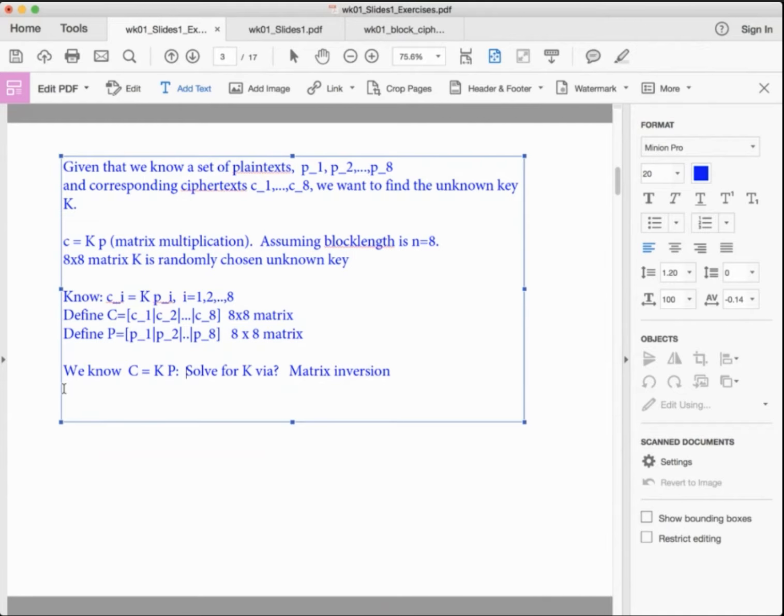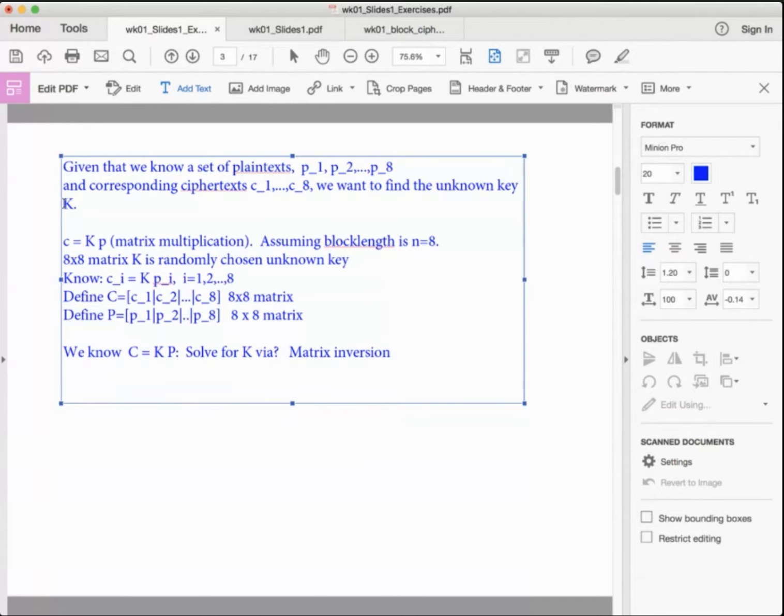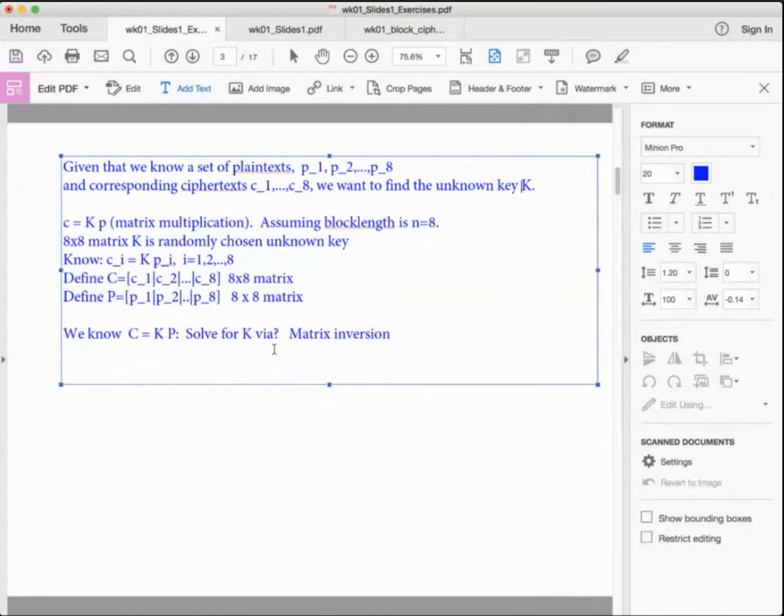Actually, I don't want to waste the whole space, so I'll be doing this kind of post typesetting all the time. I'm sorry. Make maximum use of the space. So therefore I can write K equals, and again, the mathematical notation is not so nice, but it's basically K equals, let's just say, inverse P times C.